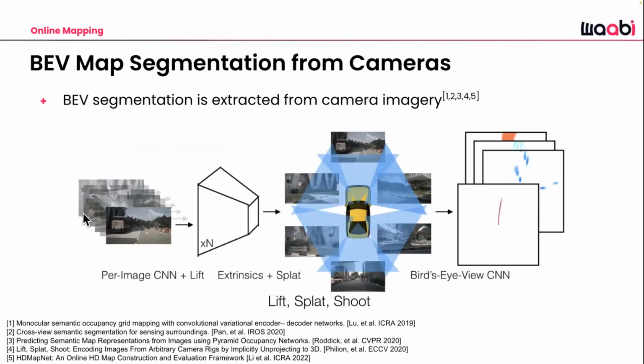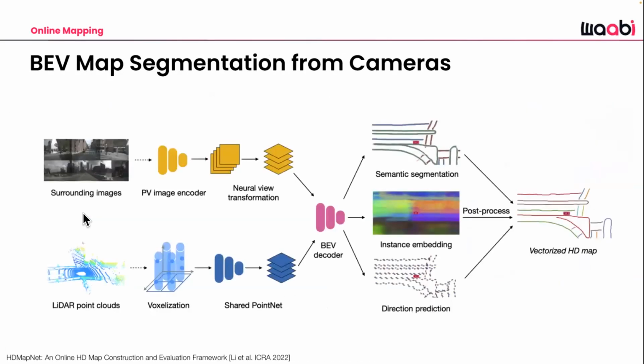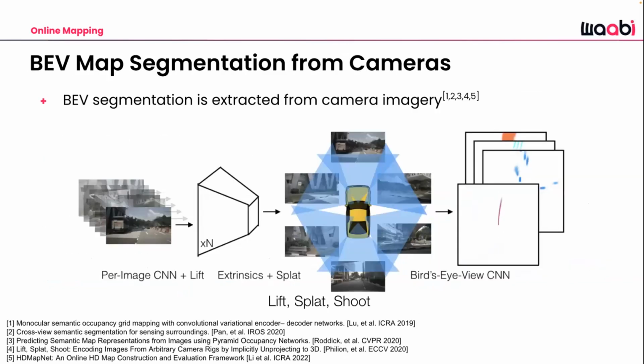Of course, it's beneficial to be able to process multiple cameras at once. Spoilers. So in the context of online mapping, you can definitely and should use multiple cameras as well. In this example, we're looking at the paper called Lift, Splat, Shoot, also from NVIDIA, where camera imagery from multiple views is fused to predict the top-down bird's eye view segmentation of all mapping elements.